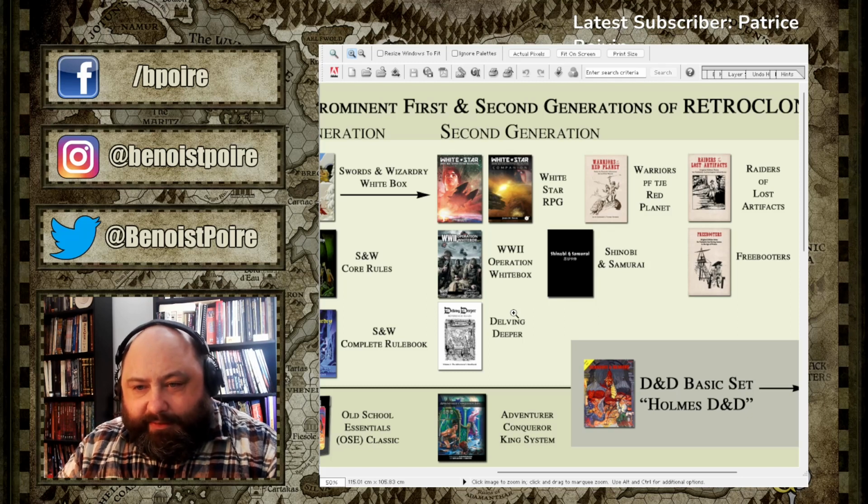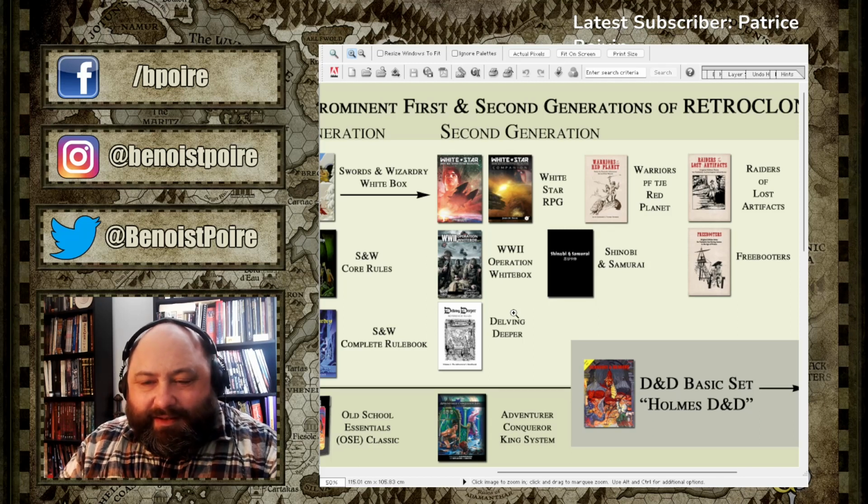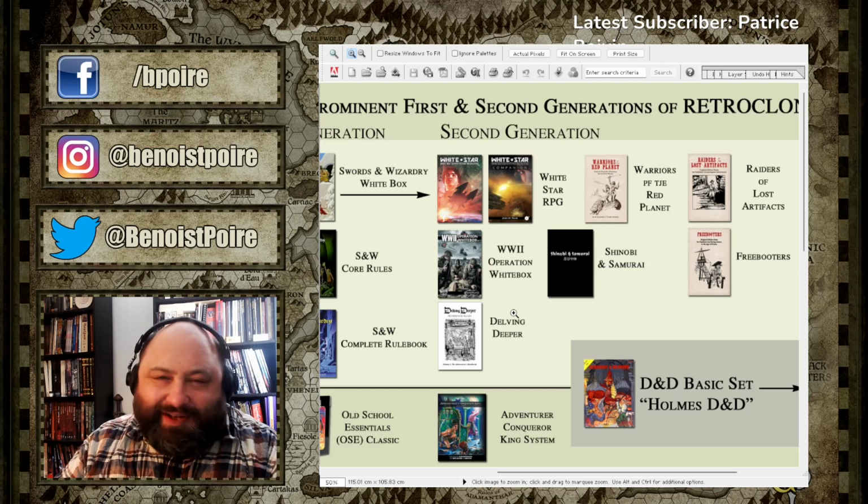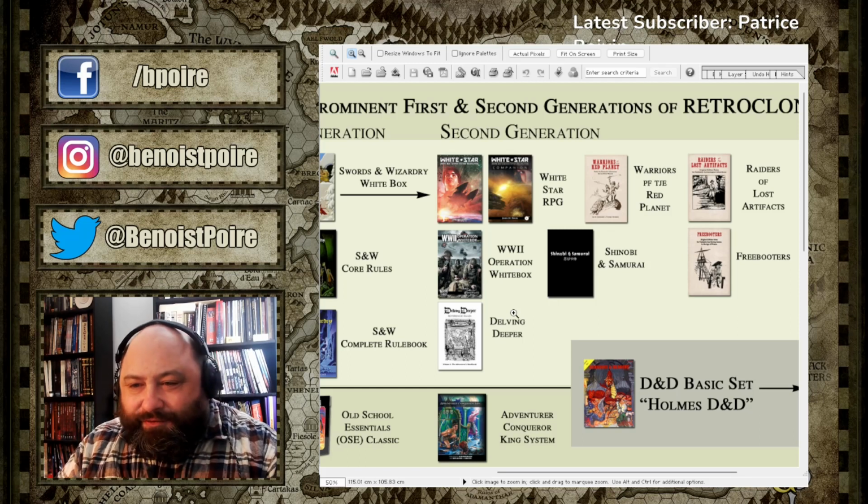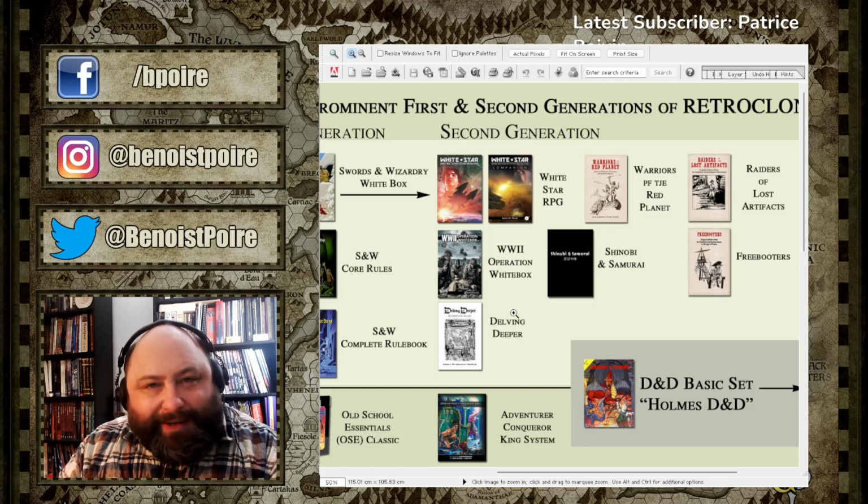Warriors of the Red Planet. Oh, I see a typo. I should probably correct that later. So Warriors of the Red Planet is the treatment for Mars, the Barsoom of Burroughs, right? Likewise, Raiders of the Lost Artifacts, that's self-explanatory. Indiana Jones. Freebooters, that's more the pirates.